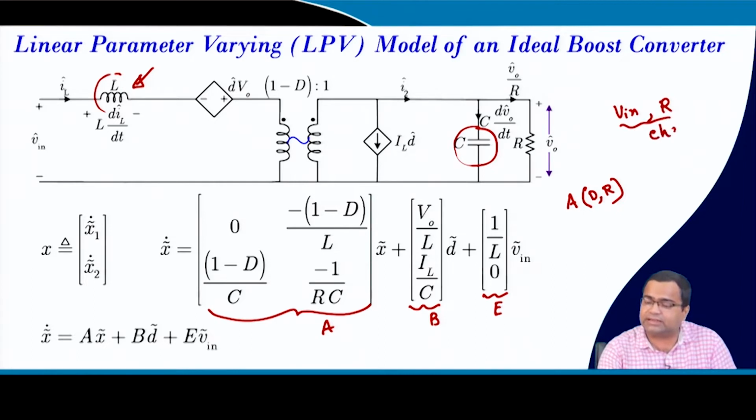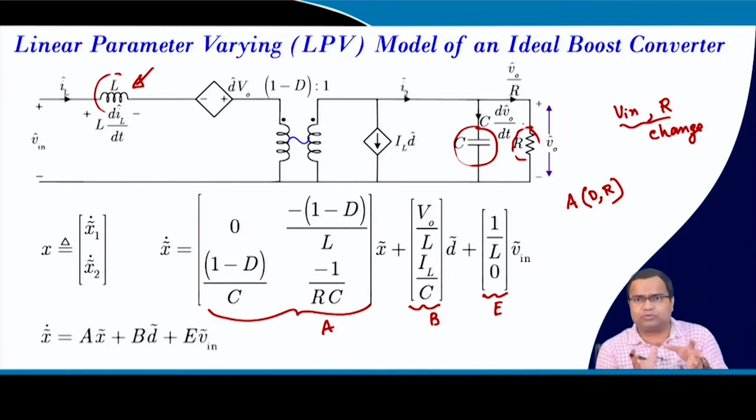The load resistance is an external quantity, because the boost converter is supplying a load, which may be a processor load, or if we talk about an electric vehicle, auxiliary power. There are many applications of the boost converter, so the load can vary. When the load varies or the supply varies, then the duty ratio will vary at steady state.